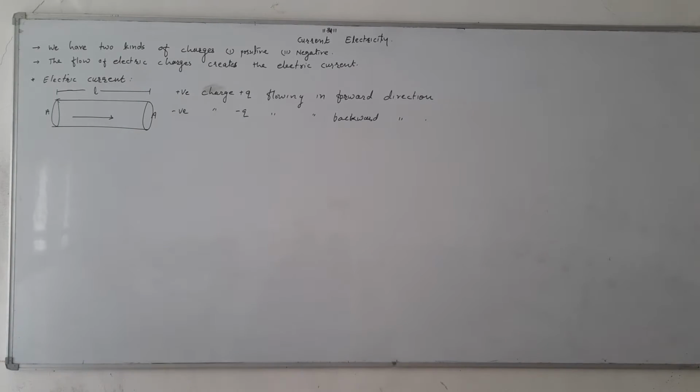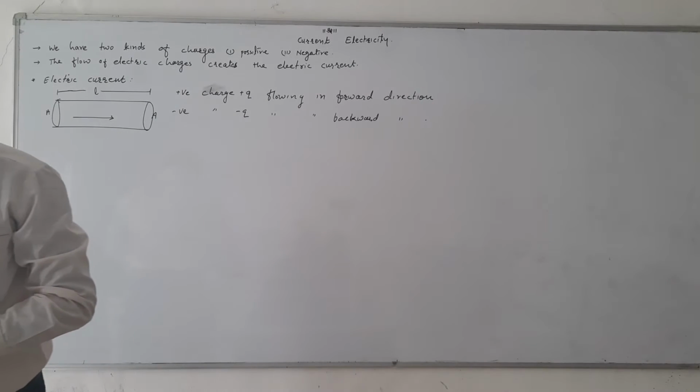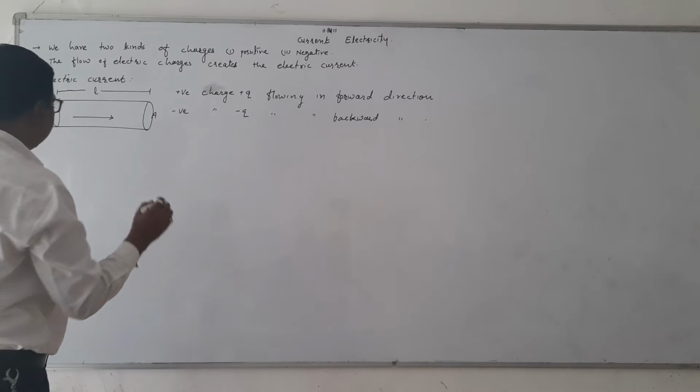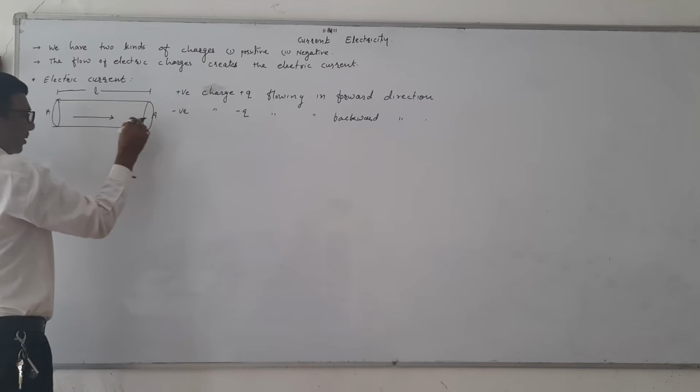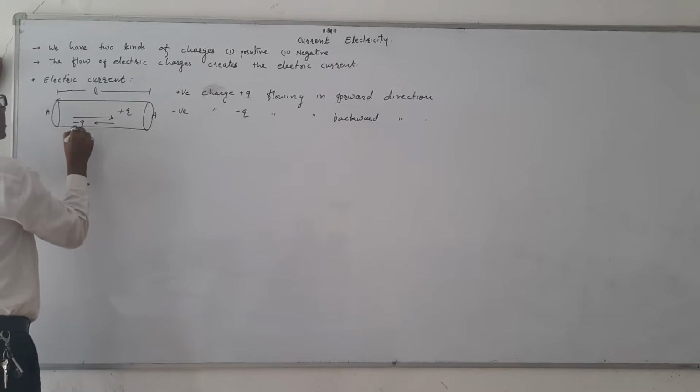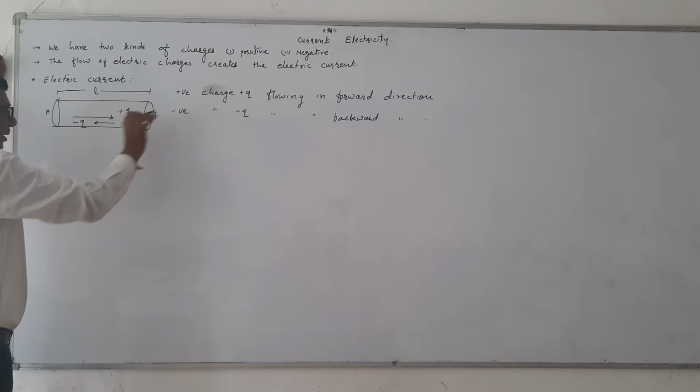Suppose this is the forward direction, this plus Q and this minus Q charge are flowing in this way.